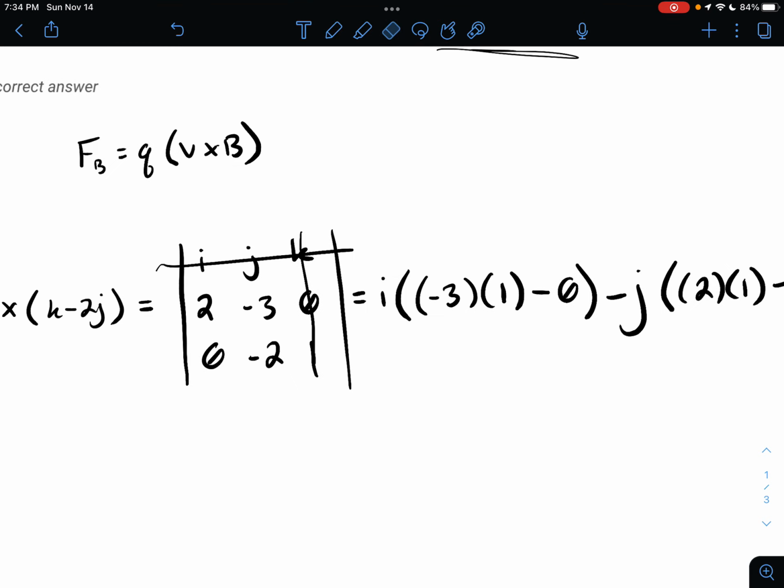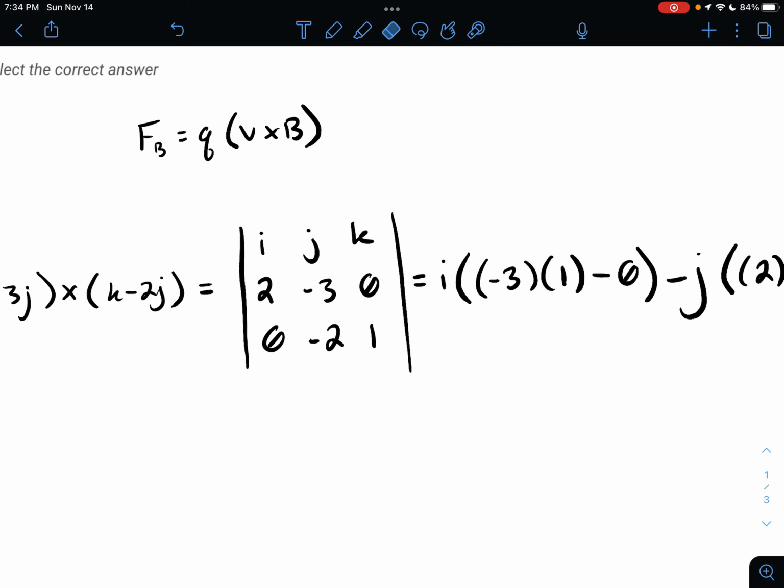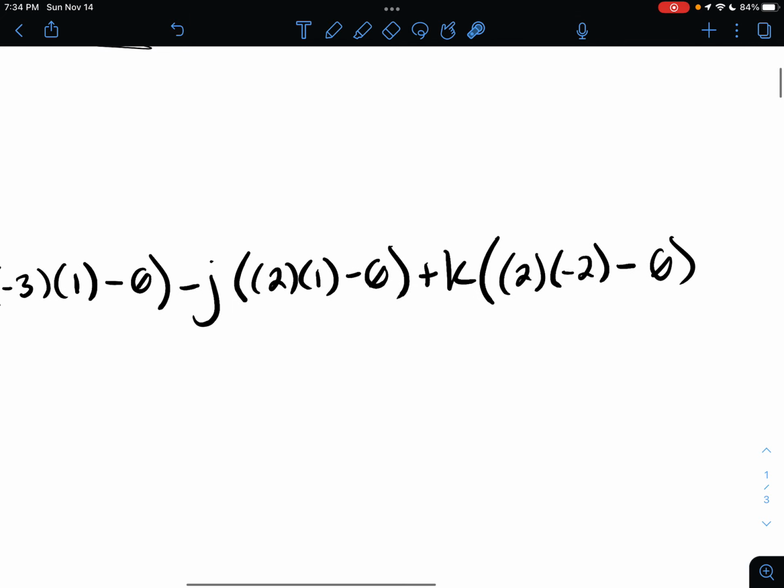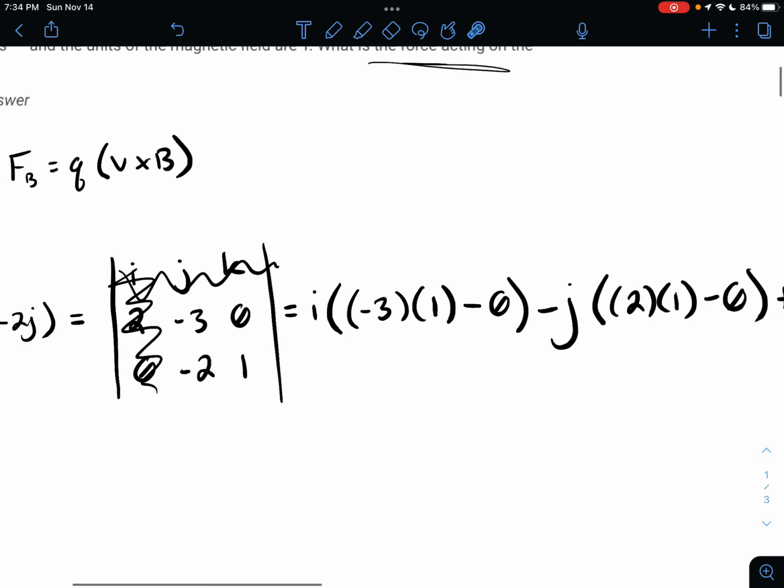So that's how you take the determinant of this 3x3 matrix, right? You hide the column and the row that it's in, and then you do top left times bottom right minus top right times bottom left, right? And it's positive i, negative j, positive k. Always like this, and always in this order, right?